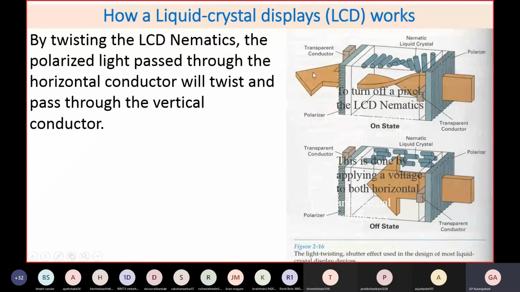At this stage, we say the LCD is in its normal state, that is, the twisted state.